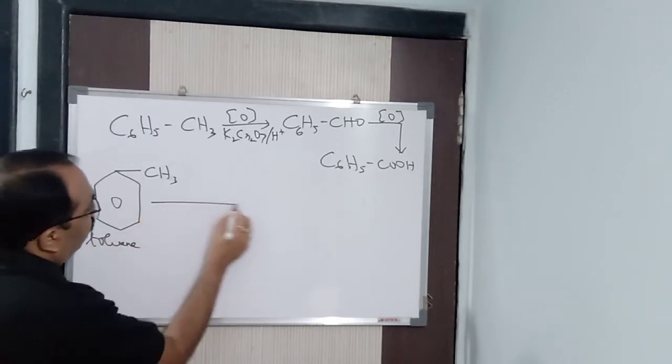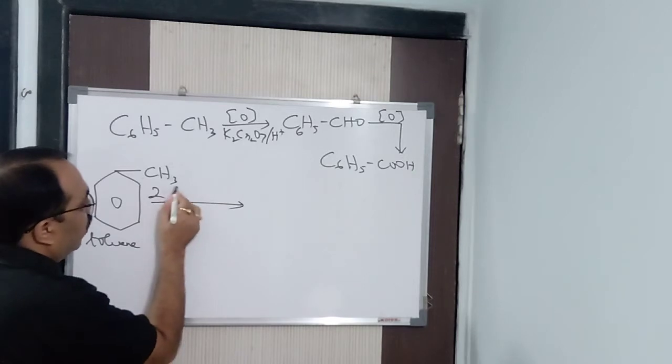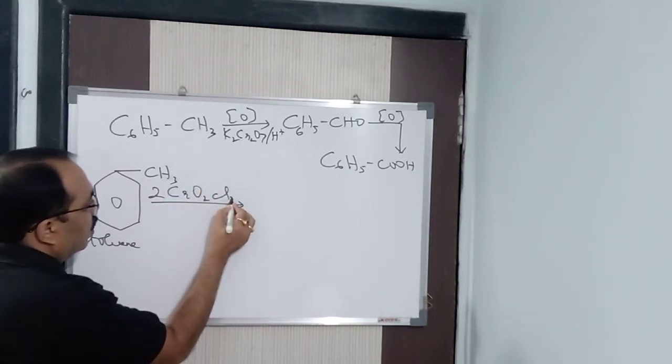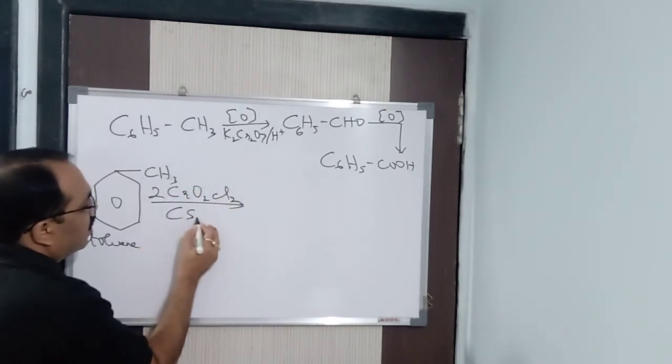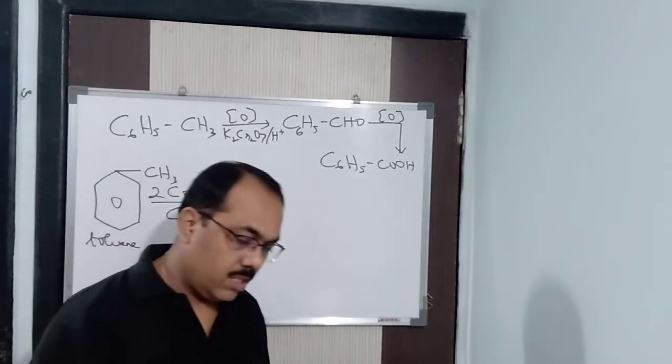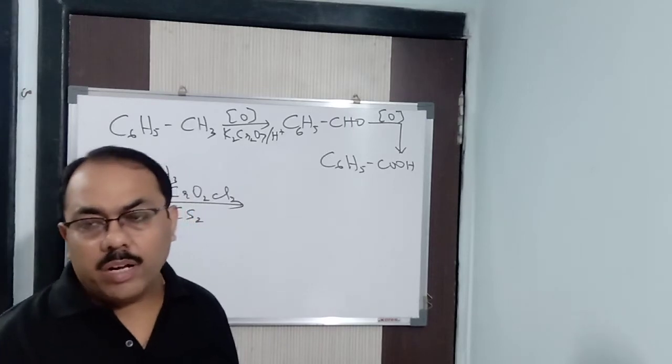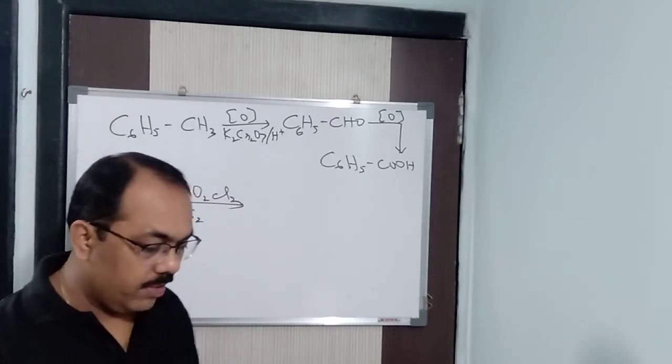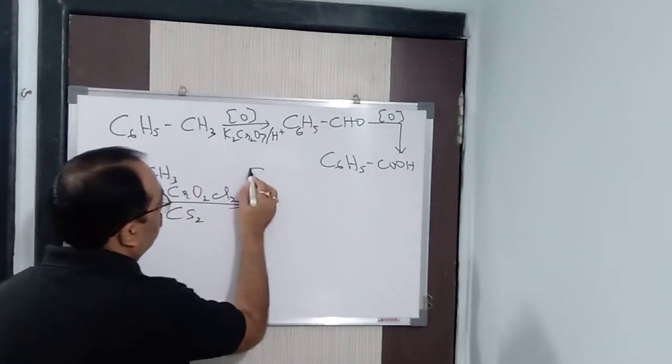Now, when it reacts with two molecules of CrO2Cl2 in presence of CS2 or carbon tetrachloride, which acts as an inert solvent, what is going to happen first? You are going to get an addition product first.